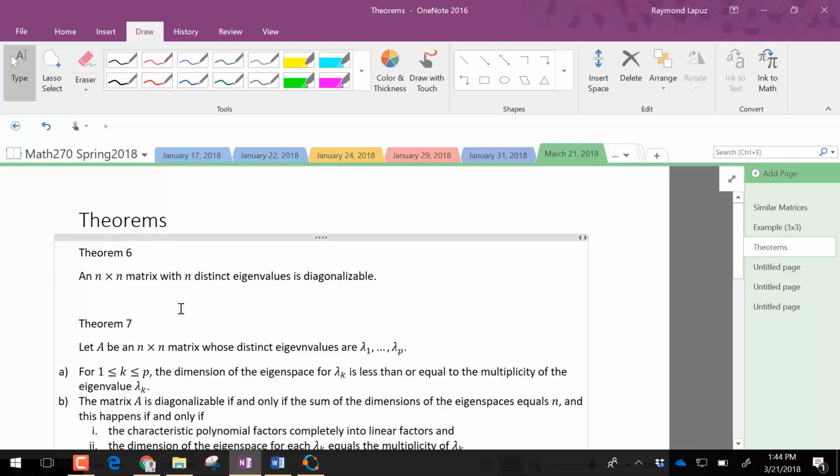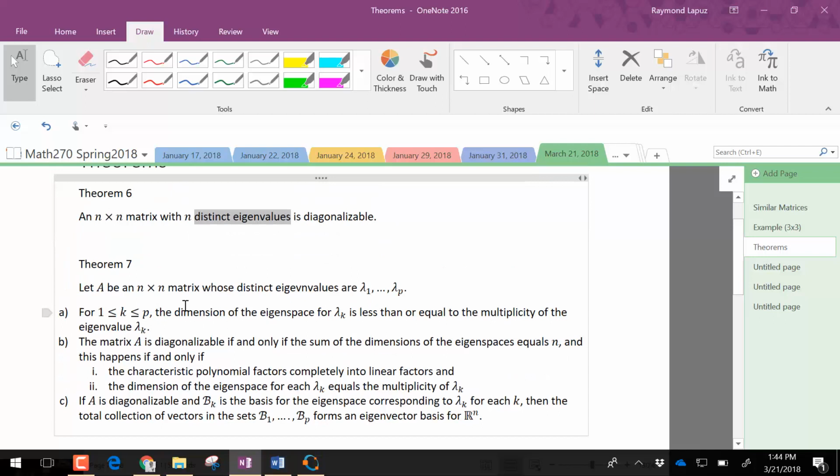In our example, we had 2 distinct eigenvalues and one of them was repeating. So when you have something like that, it gets kind of sketchy if it's going to be diagonalizable. In our case, it turned out that it did work, but in some cases it might not work. But if you have distinct eigenvalues, then it's automatically going to be diagonalizable.